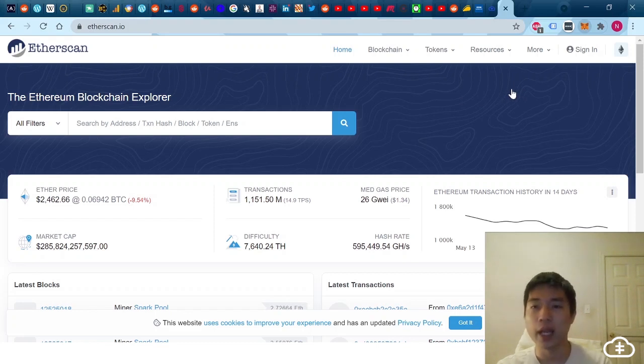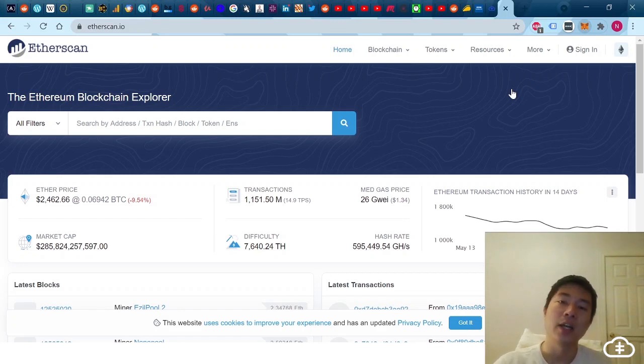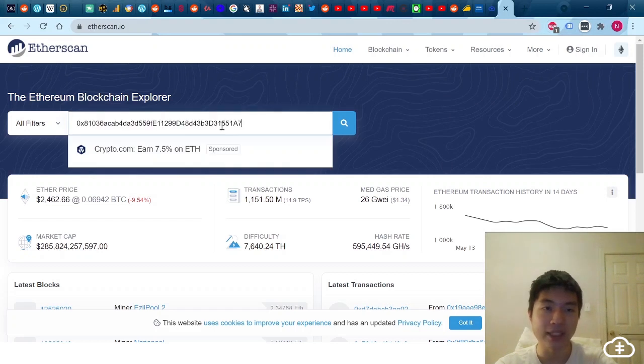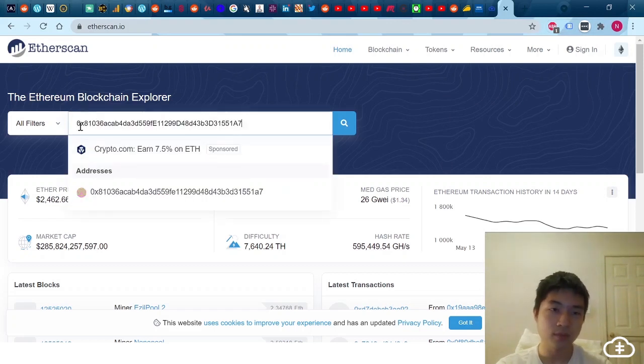It's like your email address or your bank routing number. If you want to receive something from a friend and your friend wants to send something to you, this is the place where they would send it. So I would click and copy this and paste it right in.